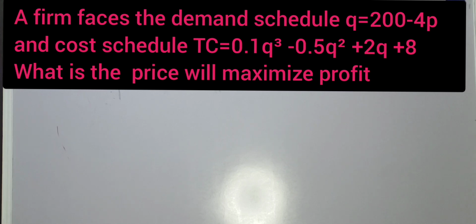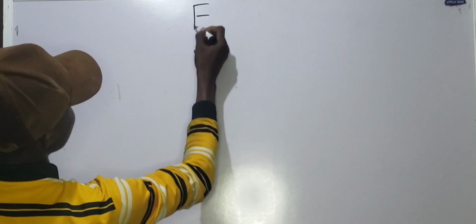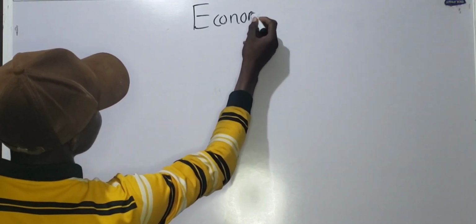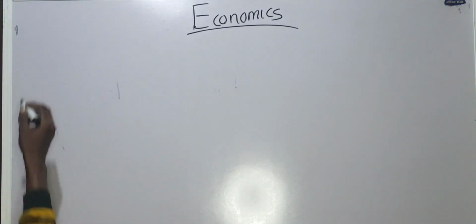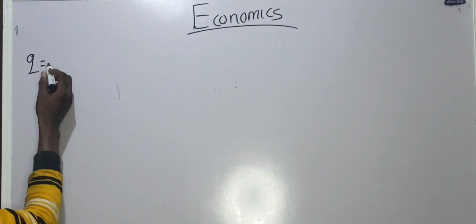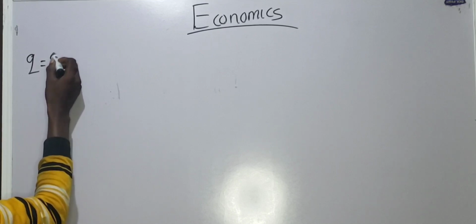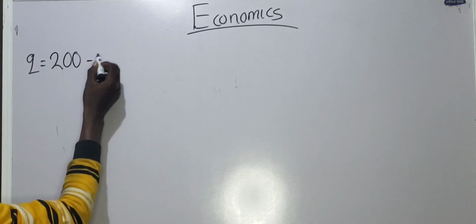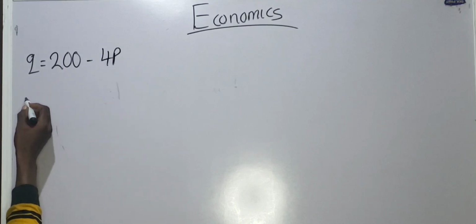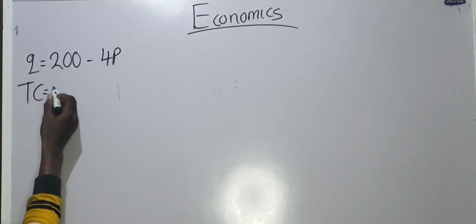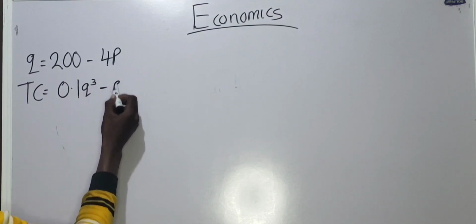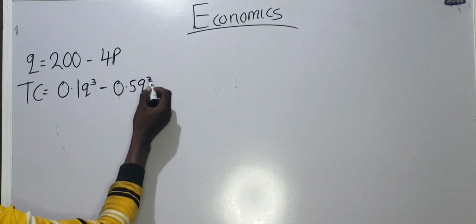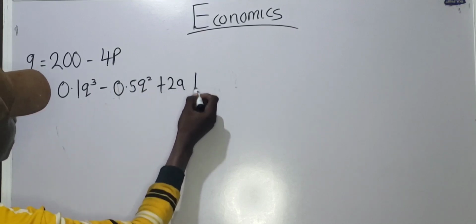We are given that the demand schedule of the firm is Q equals 200 minus 4P, and the cost schedule, which is the total cost, equals 0.1Q^3 minus 0.5Q^2 plus 2Q plus 8.